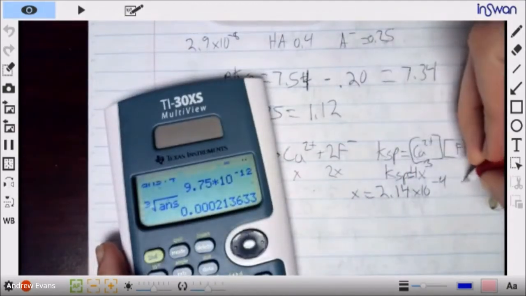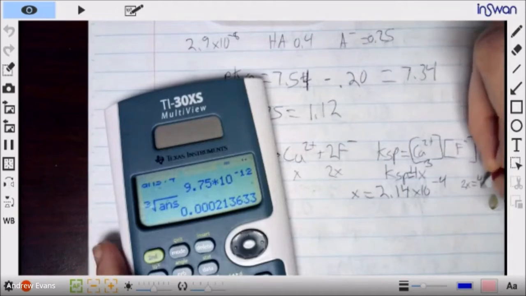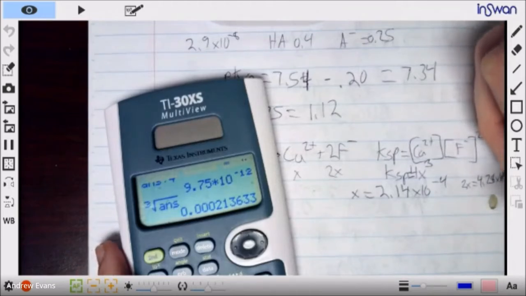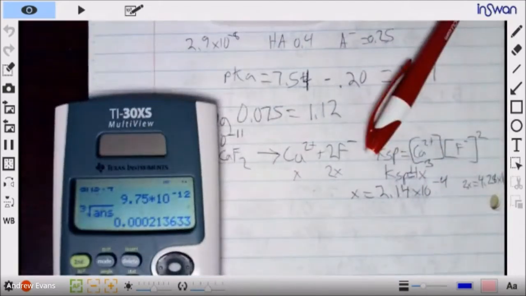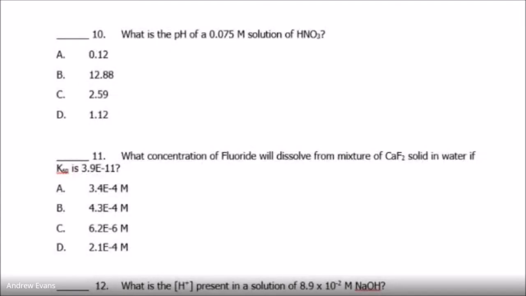So 2x is equal to 4.28 times 10 to the negative 4th. So our correct answer for that one is, we'll just say B. Rounding up, 4.28 rounds up to 4.3. Okay. Keep going, keep going.